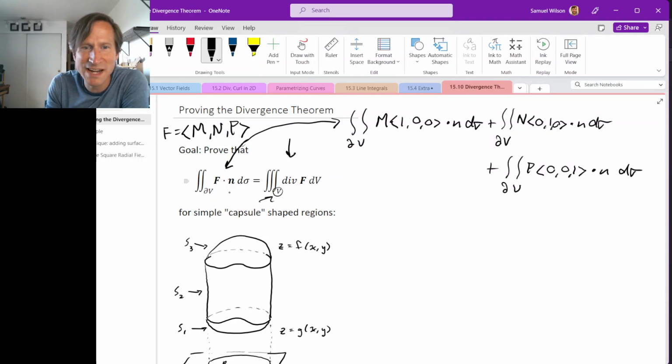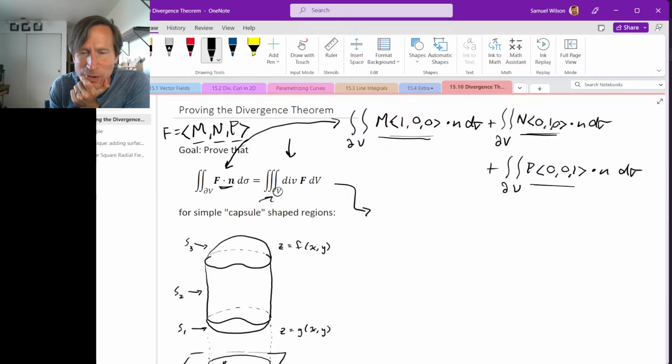So this is just writing out this dot product term by term, right? The x term is here, the y term is there, and the z term is there. What I mean is entry by entry for the vector field F. If you add these three vector fields together, you get F again.